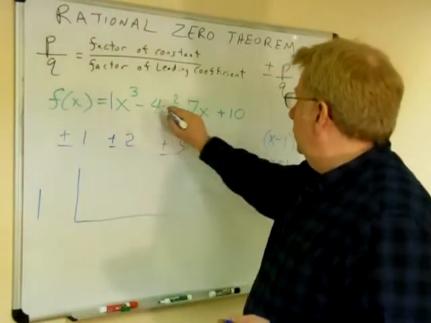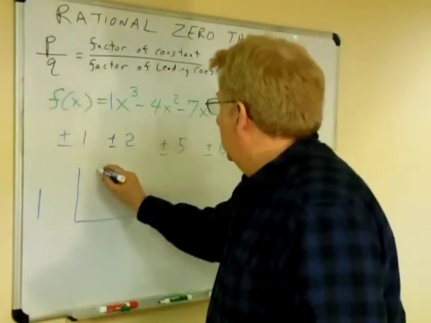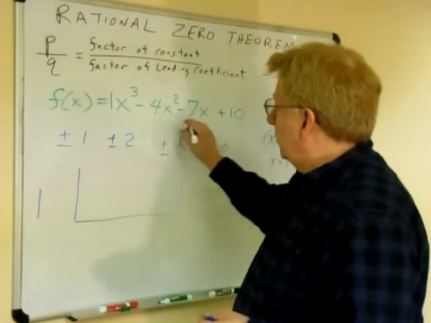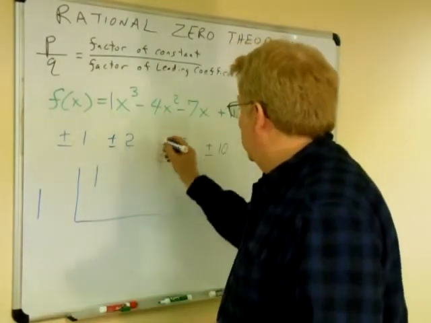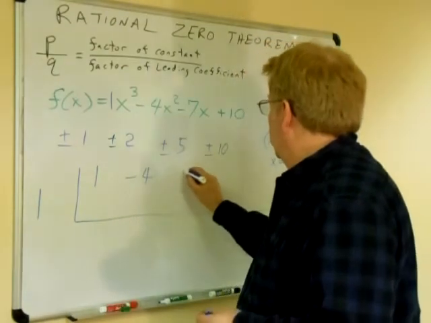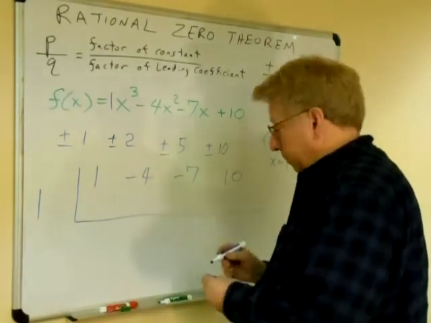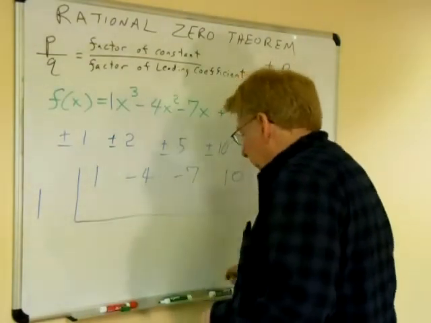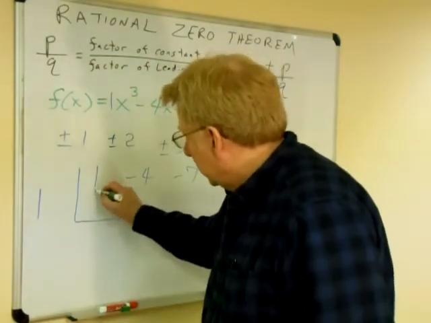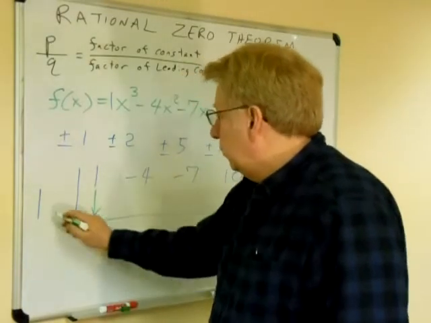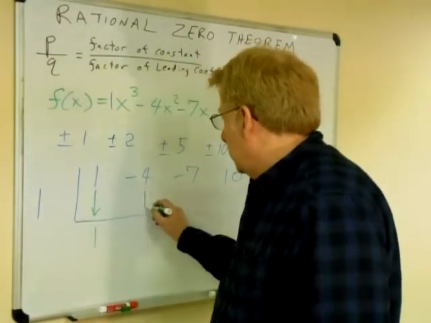And then we'll take the coefficients of this polynomial, and it has to be in standard format. So it's 1, minus 4, minus 7, and 10. Alright, so synthetic division, we carry the first coefficient down. We multiply it times 1, we get 1.